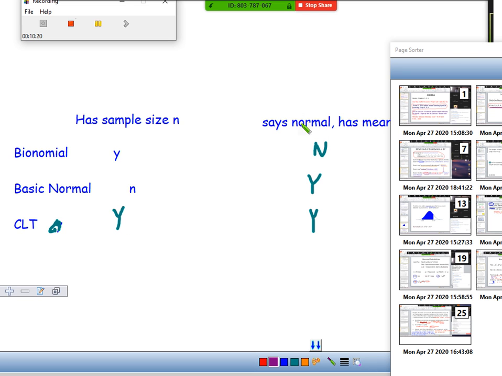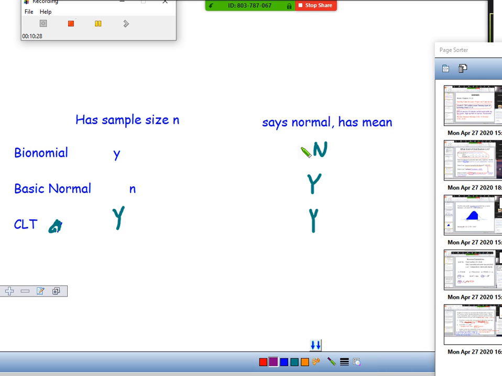If it says it's normal and has a mean, then it's either basic normal or central limit theorem. So if it has both, it's central limit theorem. If it only says normal, then it's basic normal. If it only has a sample size n and not the mean, then it's binomial.